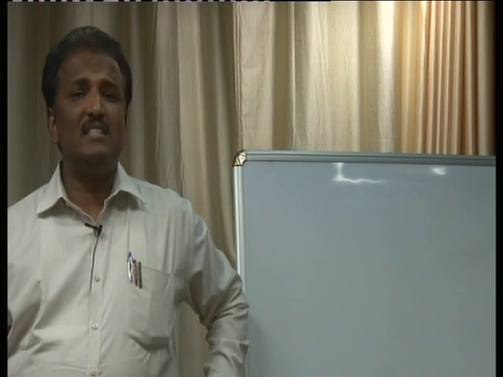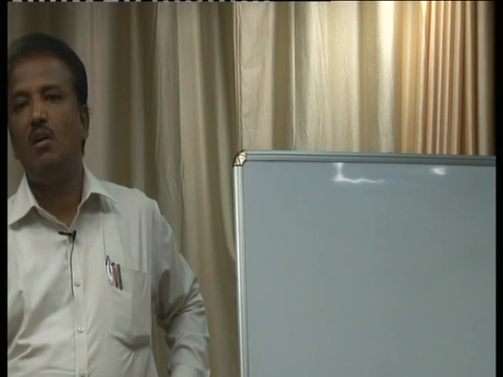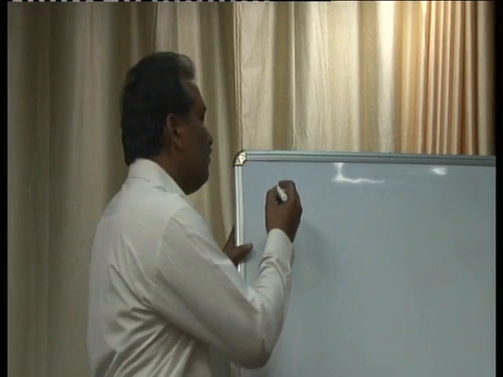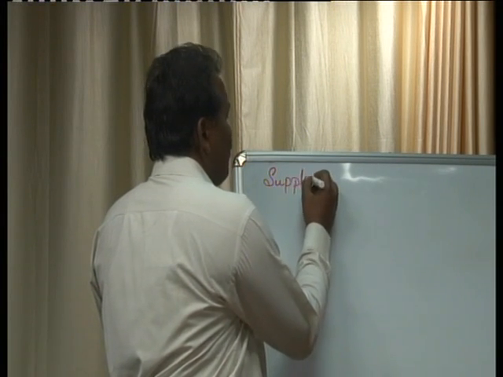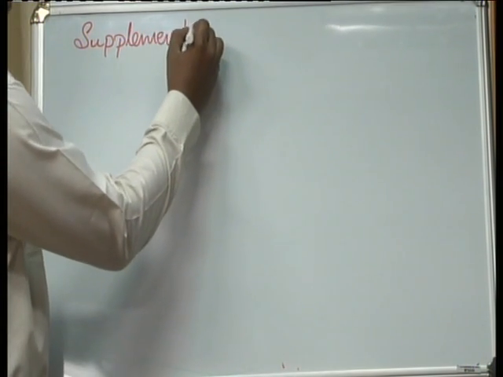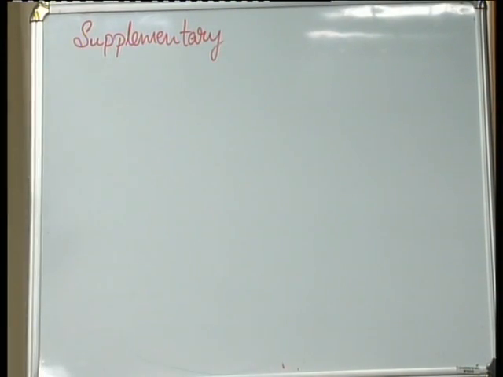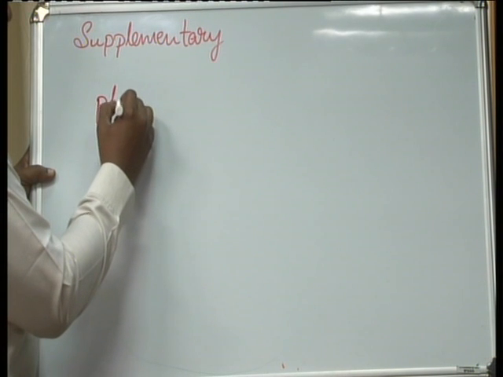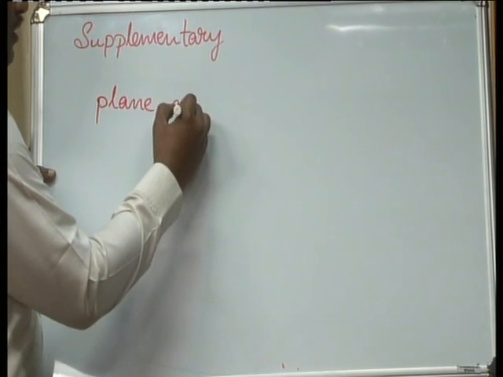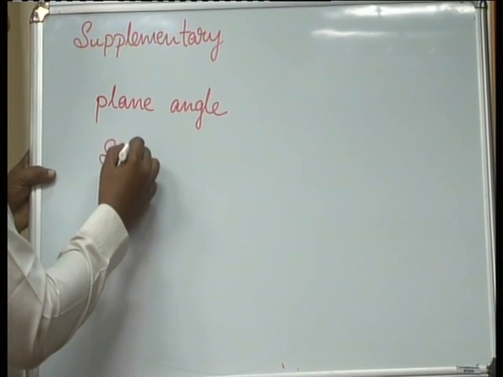Adding to these 7 basic units, 2 more supplementary quantities are also added in the SI system. Number 1 is plane angle, and one more is solid angle.